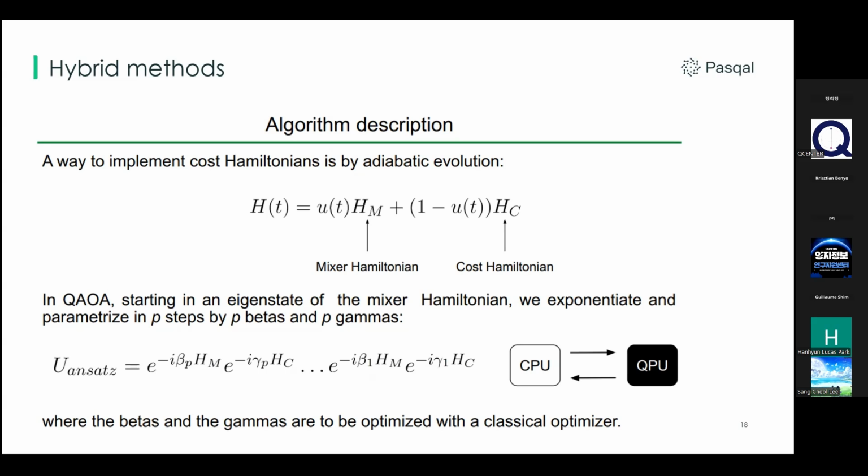So instead of incorporating this evolution of the Hamiltonian as a function of time, you decompose it into step-by-step evolution using two main components. You can see this decomposition here with a mixing, or mixer, Hamiltonian and a cost Hamiltonian.